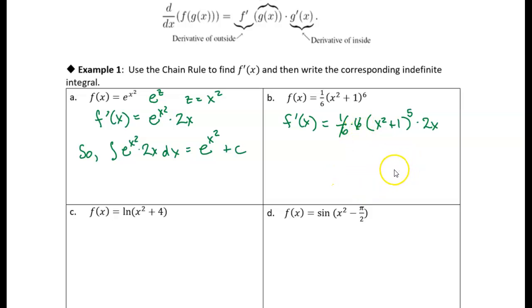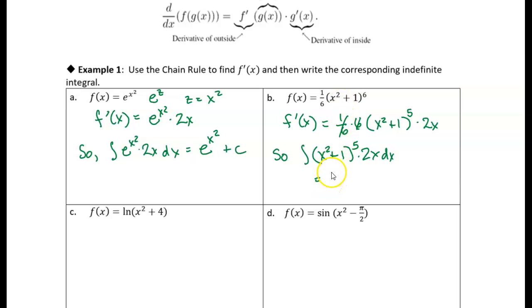So the corresponding indefinite integral is the integral of this derivative, which is x squared plus 1 to the 5th times 2x dx, and that is equal to the original function.